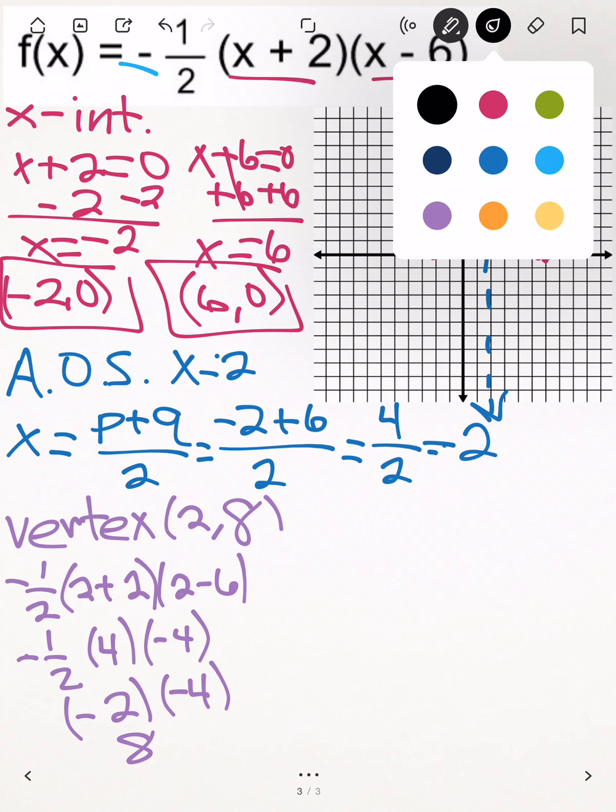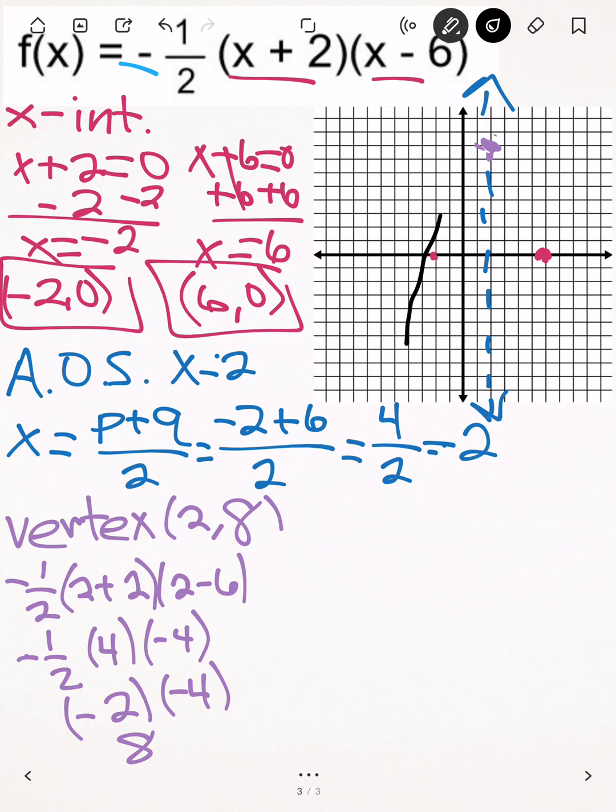And if I connect all my points, my parabola opens down. I have a maximum since it opens down. My domain is X is an element of all the real numbers. It's the same for every quadratic. My range, well, let's see what my range is.